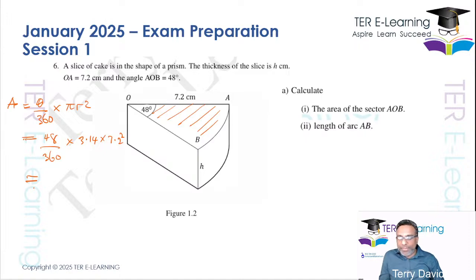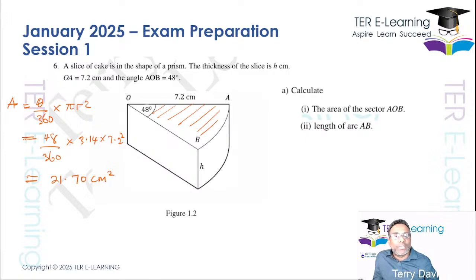Let me know if you're getting the same answer I have here, 21.70, and that area is in cm squared. A lot of people are getting 21.7, great. That's what I'm getting.